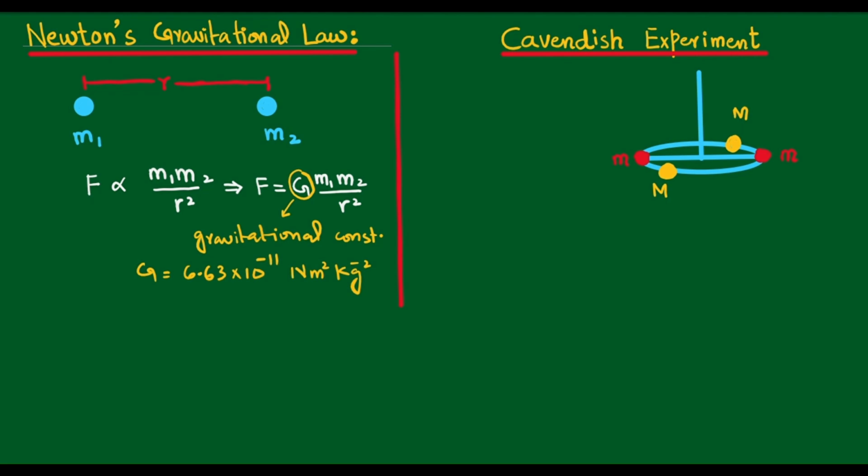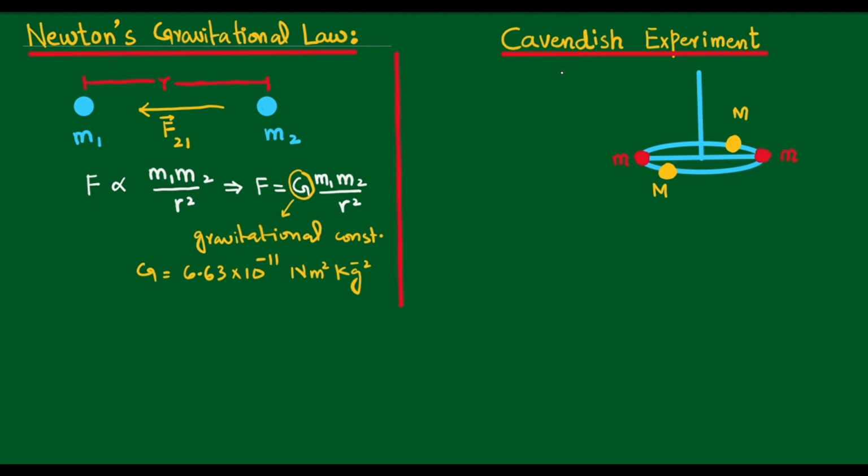The question is which mass, m1 or m2, exerts the force on which mass. Either m1 exerts the force on m2 or m2 exerts the force on m1. The answer is that m1 exerts the force on m2, which is the attractive force towards m1, and we can say that it is the force on 2 due to 1, and it is a vector quantity.